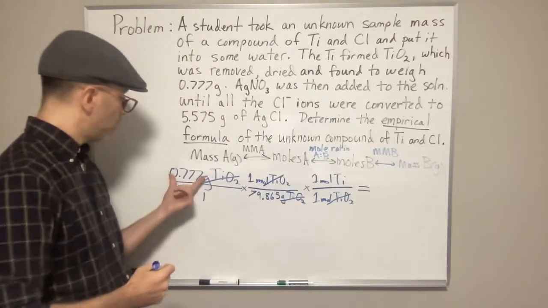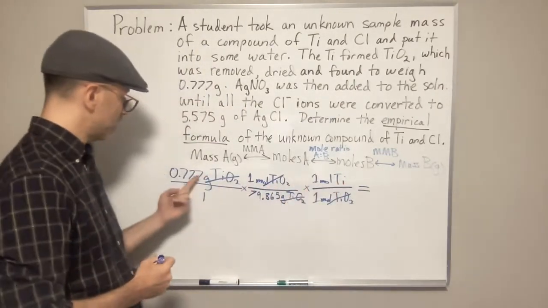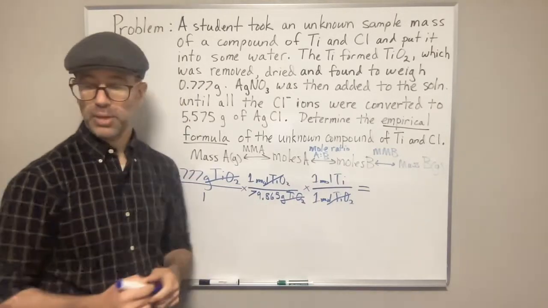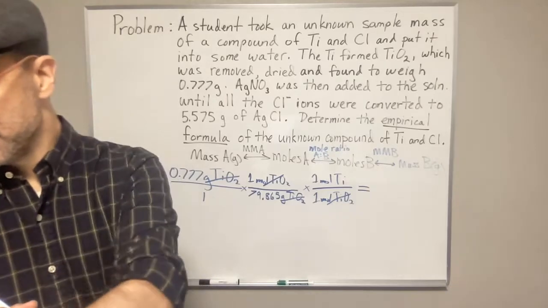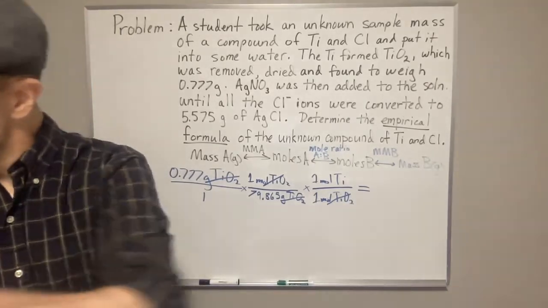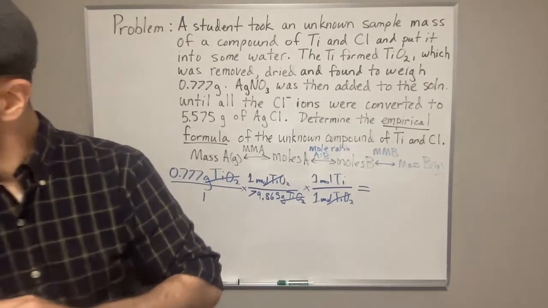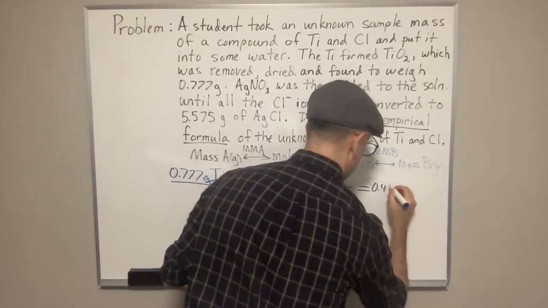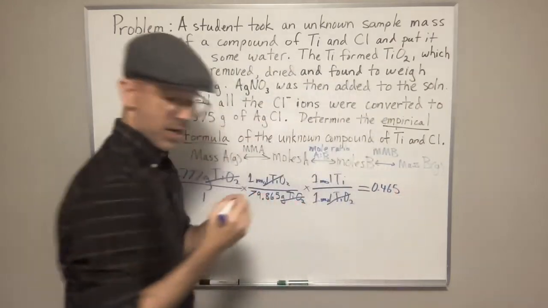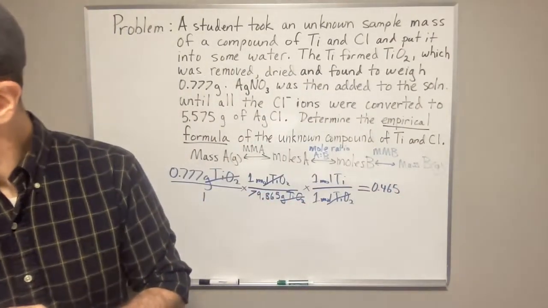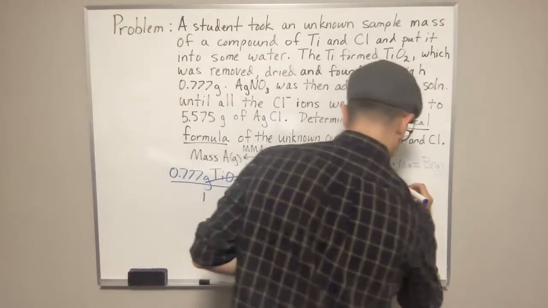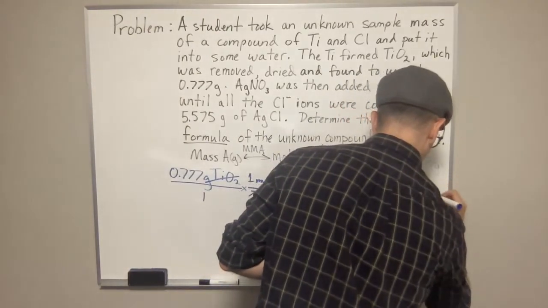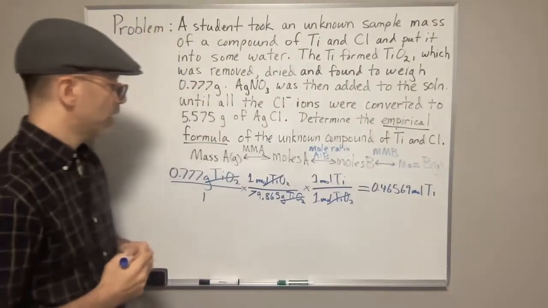I'm going to multiply by everything on the top, and then divide by everything on the bottom. And when I do that, I get an answer of 0.46569. So it'll be 0.46569 moles of titanium.